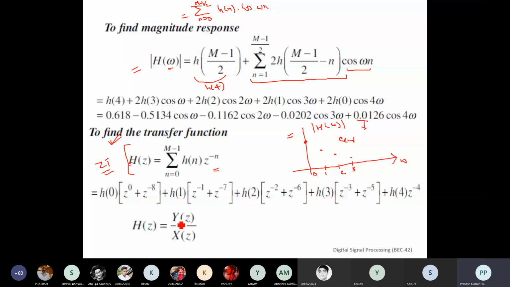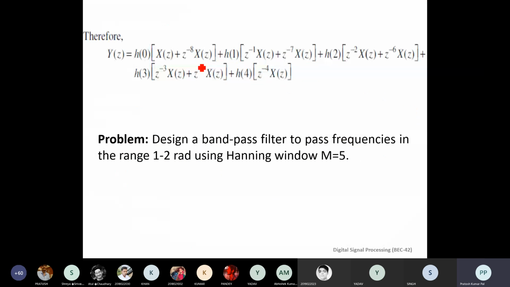We can write h of z as y of z divided by x of z, or we can write it in terms of h of z only. Both are correct, whichever form we write. So that was the question.